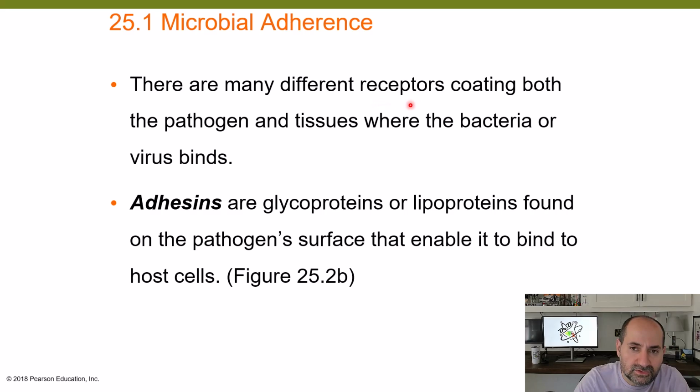These receptors are the sites where the microbes attach to the host. Adhesins are glycoproteins or lipoproteins found on a pathogen's surface that enable it to bind to the host cell. So these adhesins are responsible for binding to the host cell.